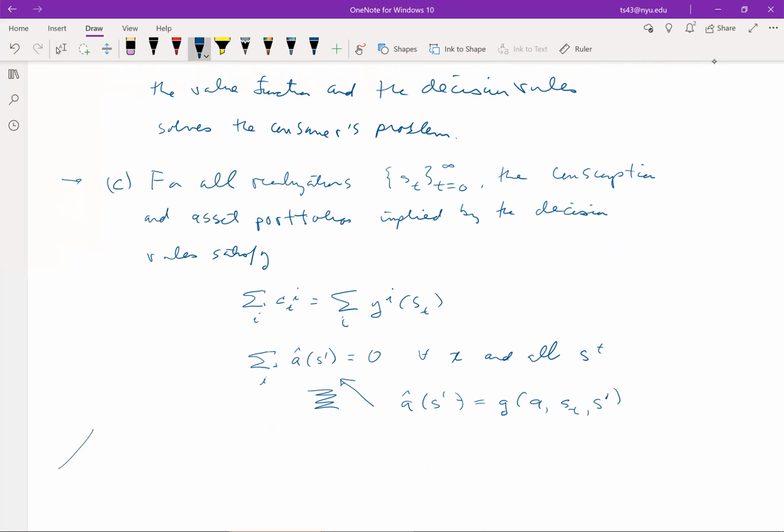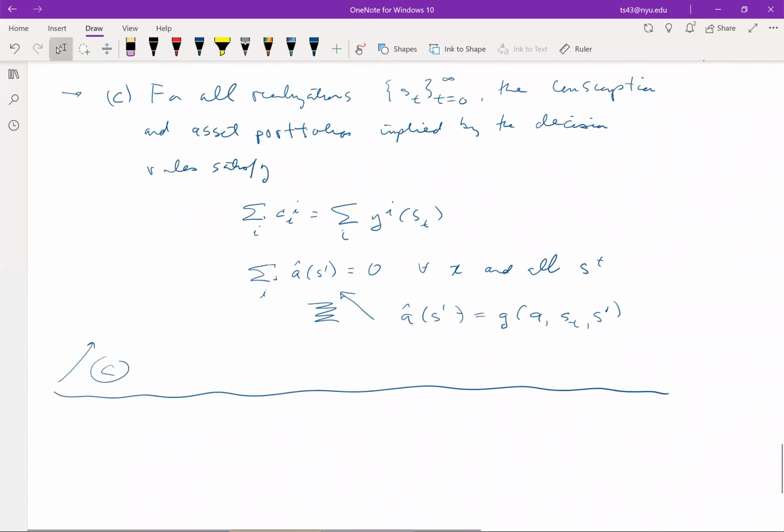I'm going to say more about the last condition at a later moment, but not right now. So this bears staring at the above.